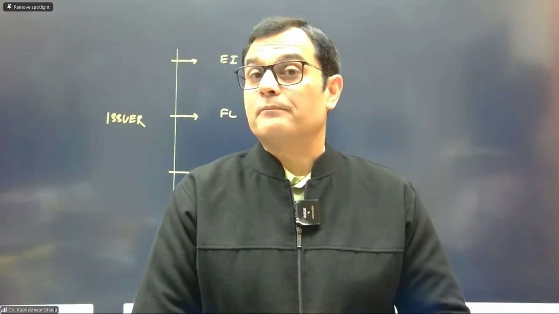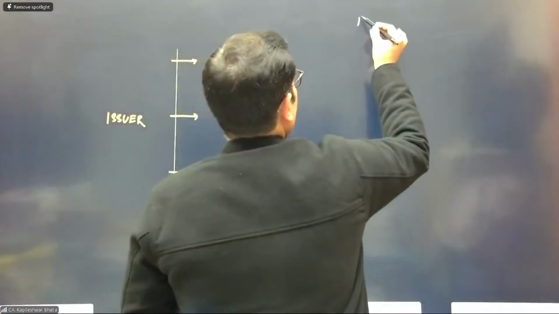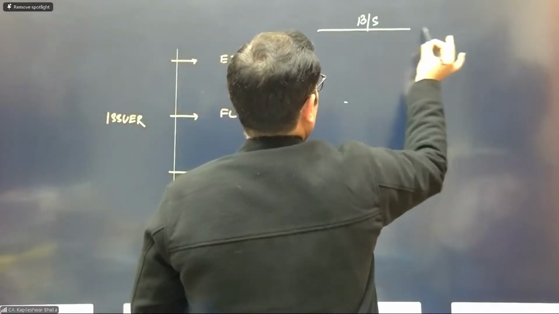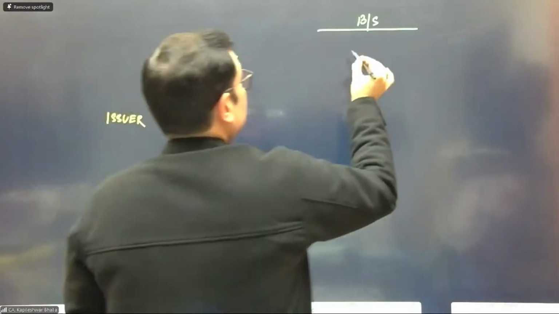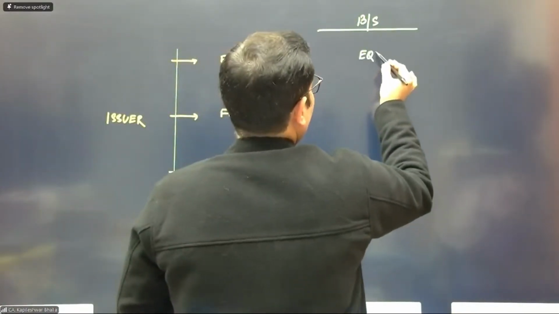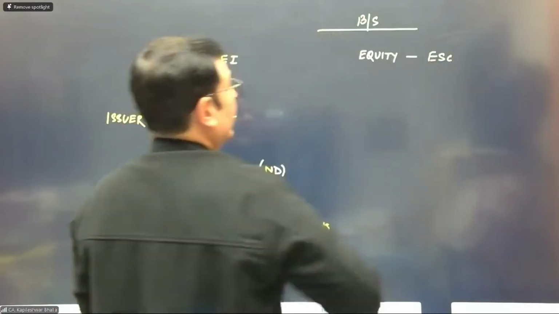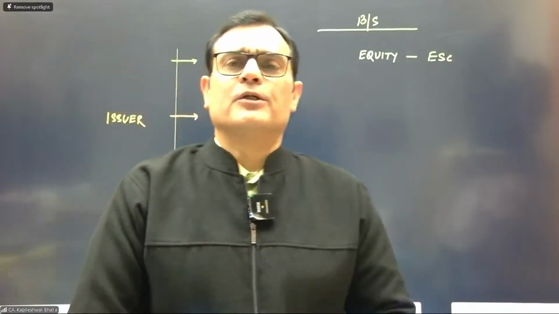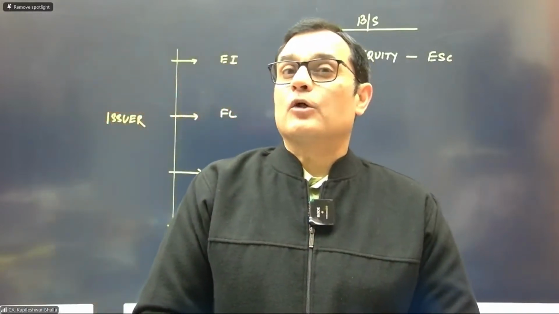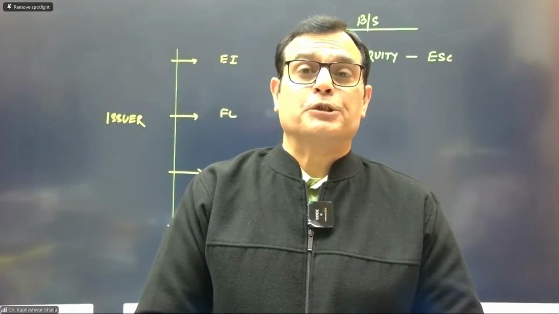Equity instruments will be presented under the heading equity of the balance sheet, appearing as equity share capital. Typically, your equity instruments would be your ordinary equity shares, which are non-puttable in nature.